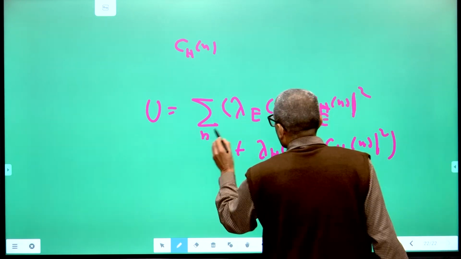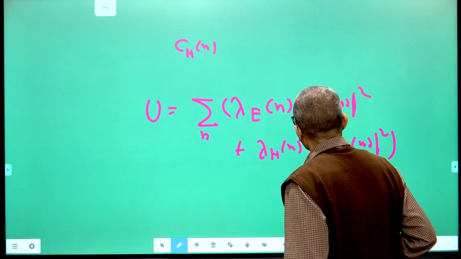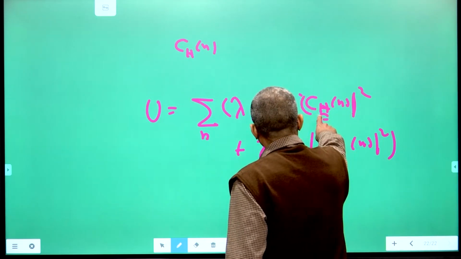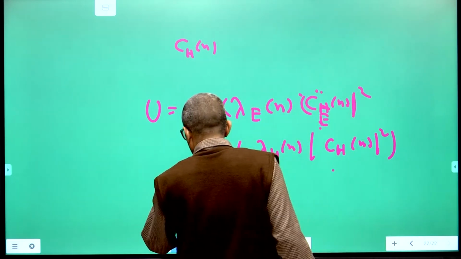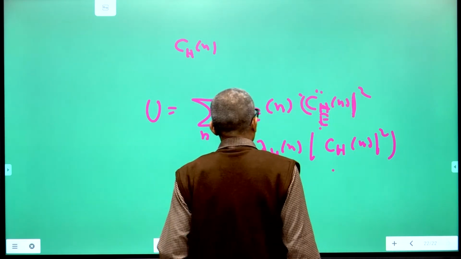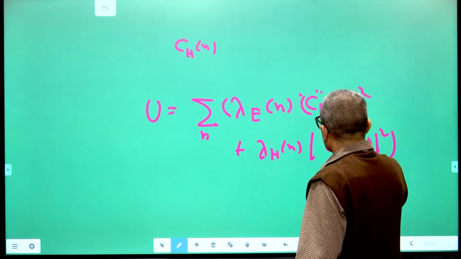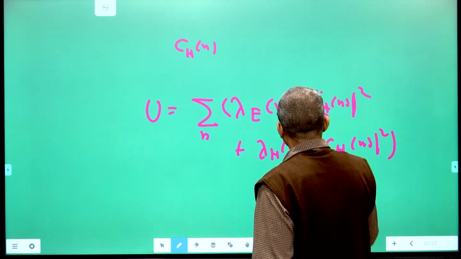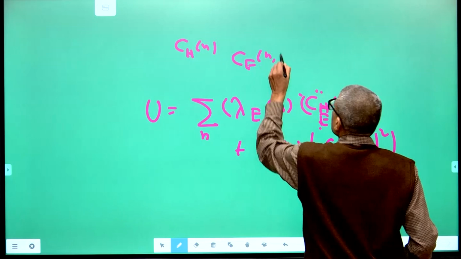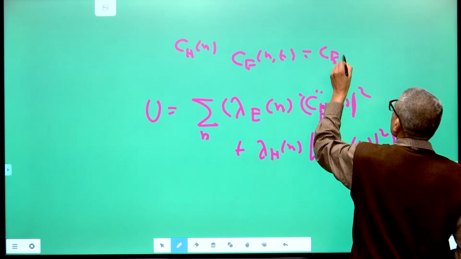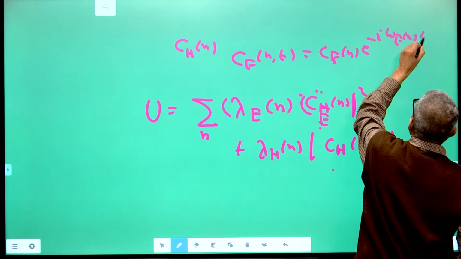And to get agreement with quantum mechanics, you make CEN and CHN annihilation operators, and then lambda E will automatically adjust in such a way so that when you use the commutation relation, or use the fact that CEN varies with time as e power minus I omega EN t, CEN t is equal to CEN into e power minus I omega EN t.